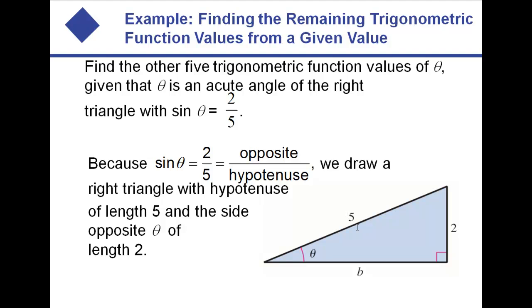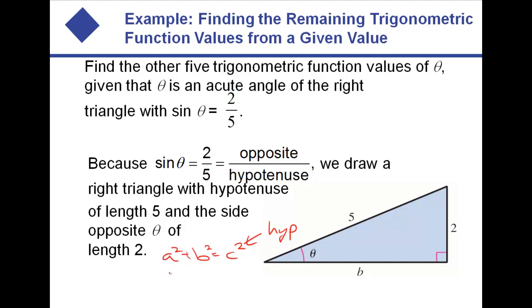There's the 2, there's the 5. We can solve for b with the Pythagorean theorem. This is where most people make mistakes, solving for the third side. You just have to remember that it's always a squared plus b squared equals c squared, and c is always the hypotenuse, right? It doesn't matter about a and b, just as long as c is the hypotenuse.